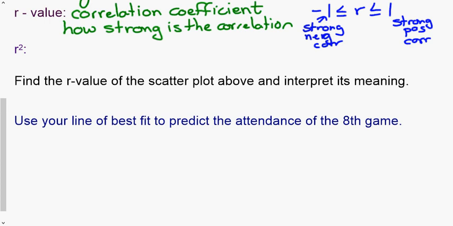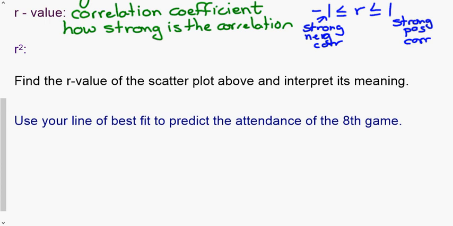And again, if r is 0, there would be no correlation. So it tells you how strong the correlation is. If the r value is negative, that means there's a negative correlation. And if it's positive, the closer to 1, the stronger the correlation is.